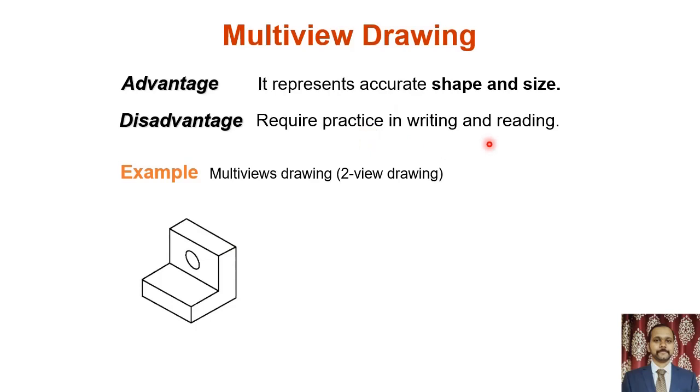That means when we are going to draw the 2D drawings, we require practice, because we are going to imagine and see this object. So here the imaginary things come into the picture, and it requires imagining the shape, and that we have to convert into 2D. So it requires some practice and reading of this drawing.